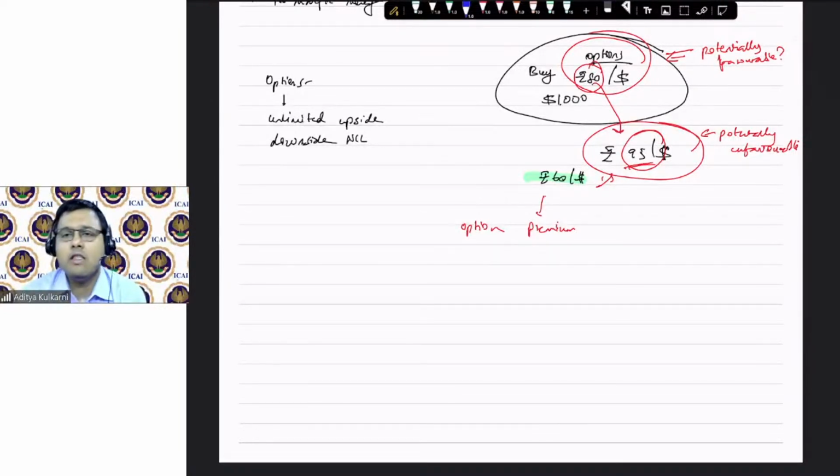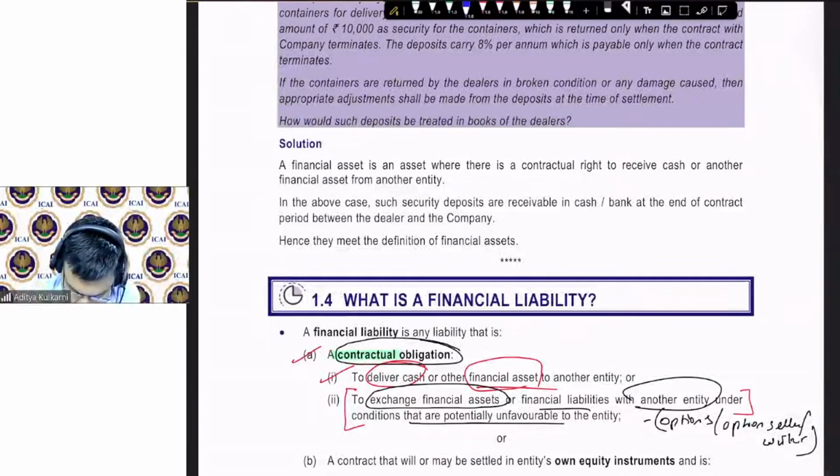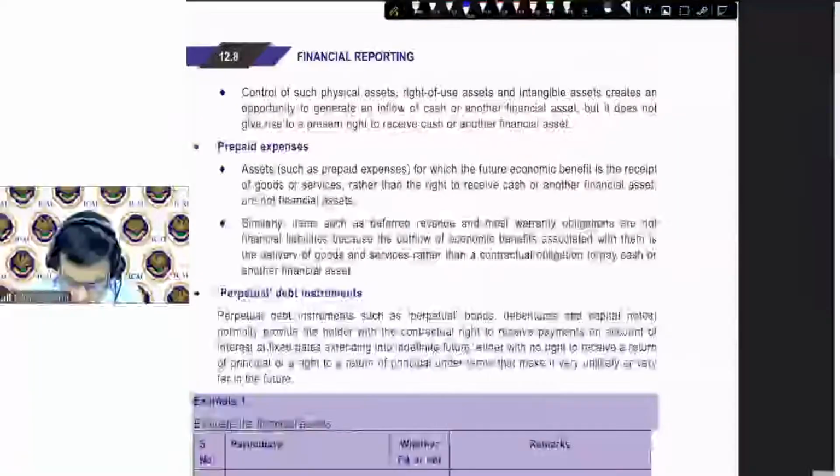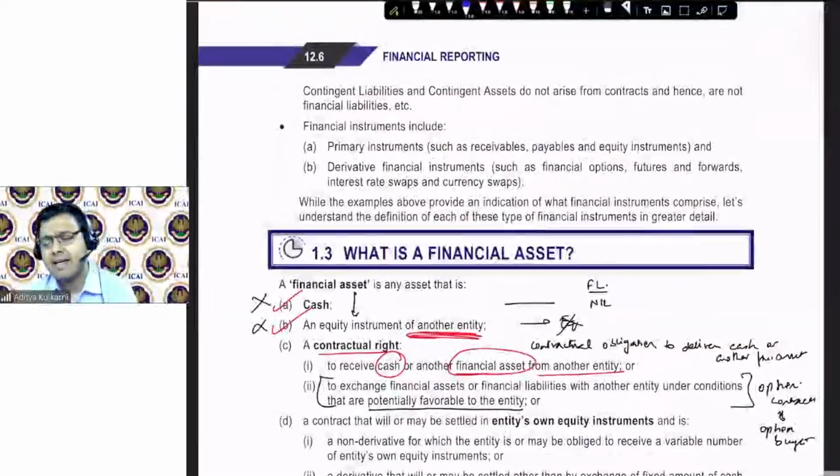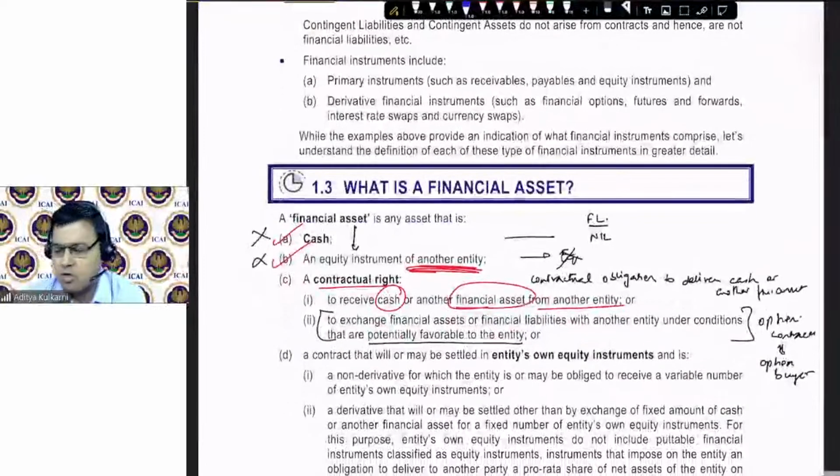We also saw the remaining part of the definition, the second leg: conditions potentially favorable to the entity when you exchange financial assets, or conditions unfavorable to the entity when you exchange financial assets or liabilities. We saw the examples also, what could be included in financial assets and what could be included in financial liabilities.